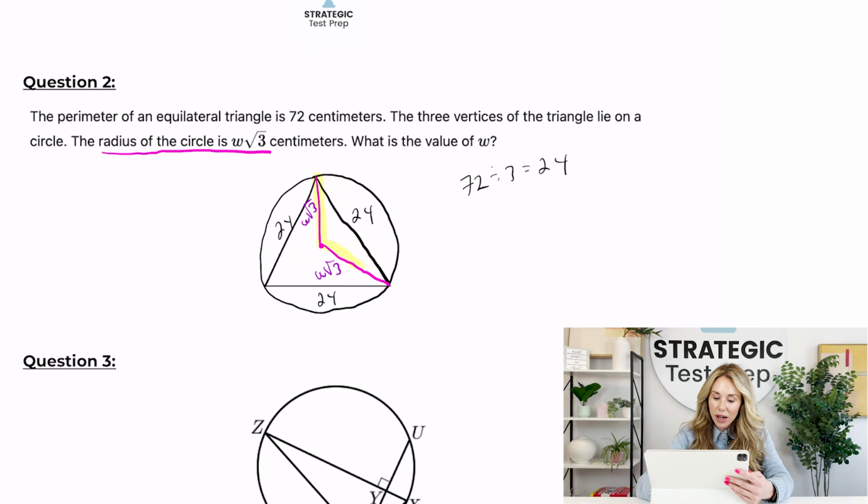This segment right here is 1/3 of the circle, okay? So that means that this central angle right here is 120 degrees. So if that's 120 degrees, these two base angles, which are the same, it's going to be 180 minus 120, 60 divided by 2. Each one of these is 30.